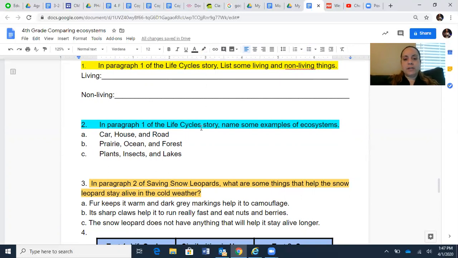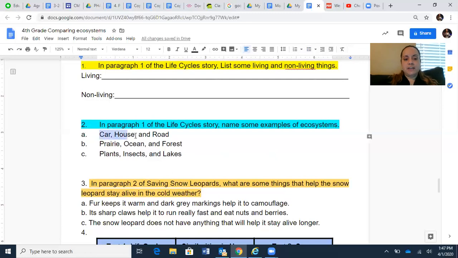So my answer is going to be in the same place. Name some examples of ecosystems. I'm not going to go back and look because I know it's in the same place as the other question and it's highlighted in this blue for you. The answers are car, house, and road, prairie, ocean, and forest, plants, insects, and lakes.